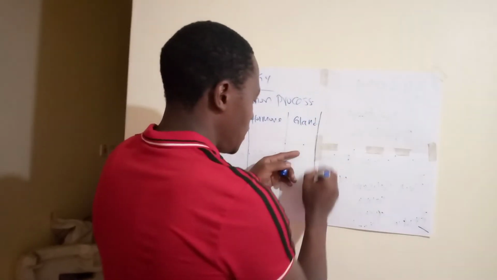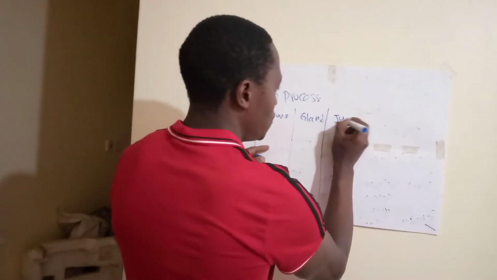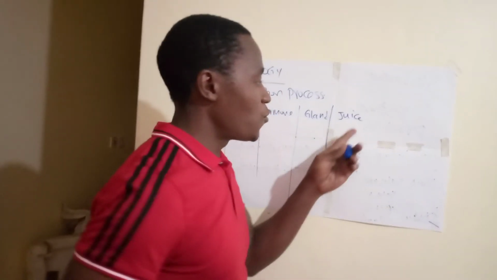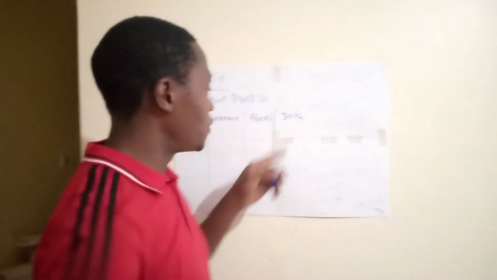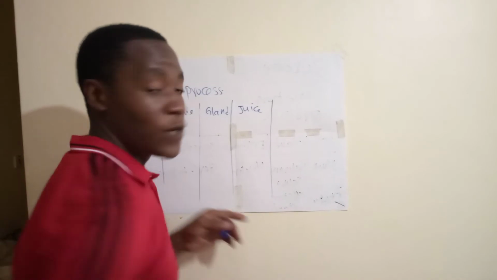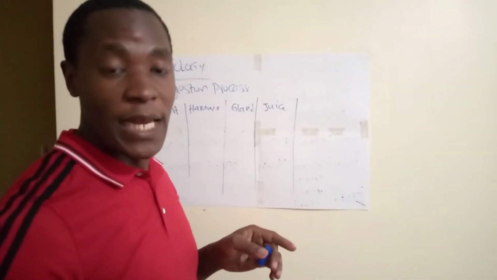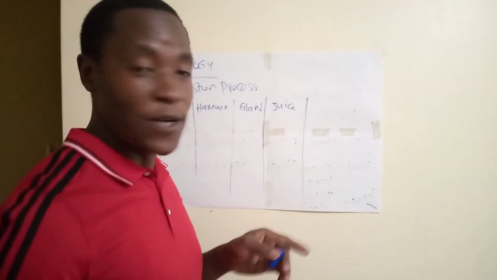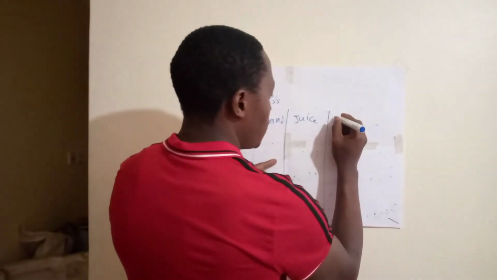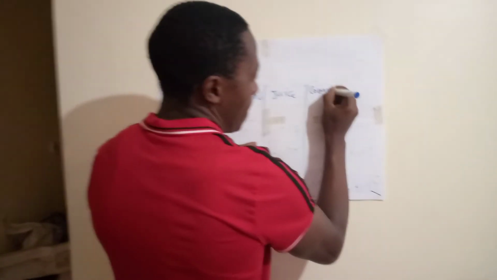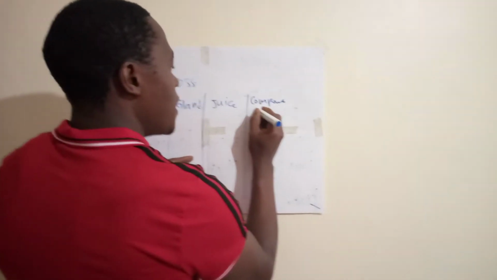We call it digestive juice. Then we look at the functions of each juice. For you to understand the function of the juice, you have to understand the component of each juice, and then the role of the juice. So you say component and role.